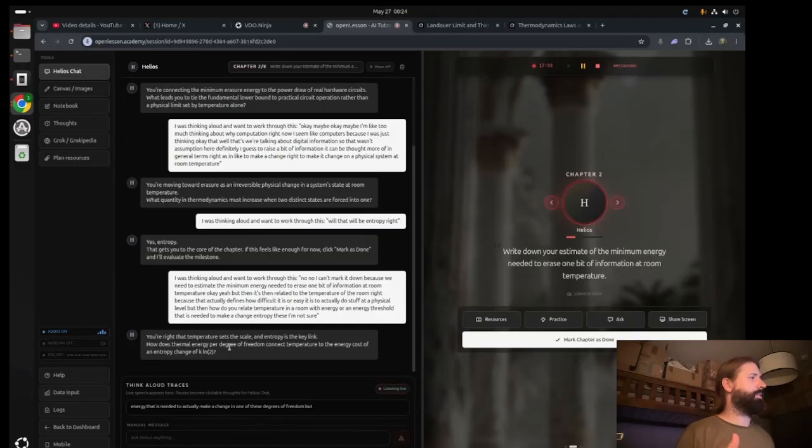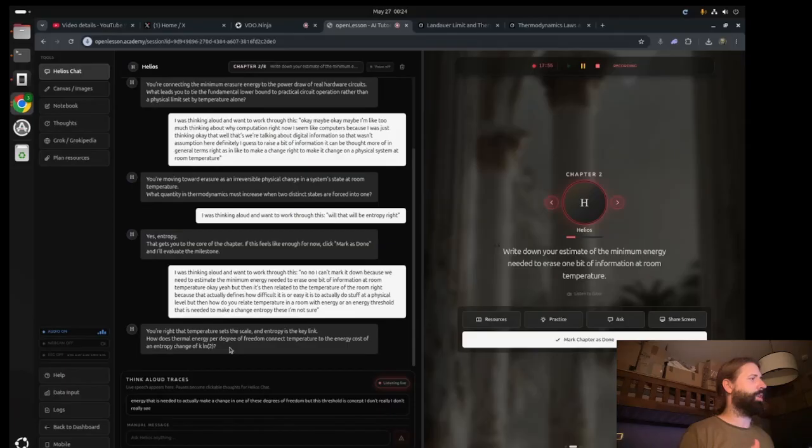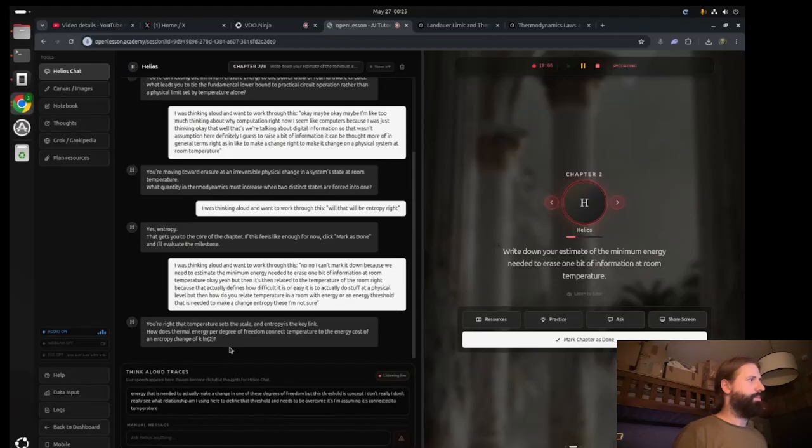But this threshold, I don't really see what relationship I am using here to define that threshold that needs to be overcome. I'm assuming it's connected to temperature, but does it then show in the energy equation?